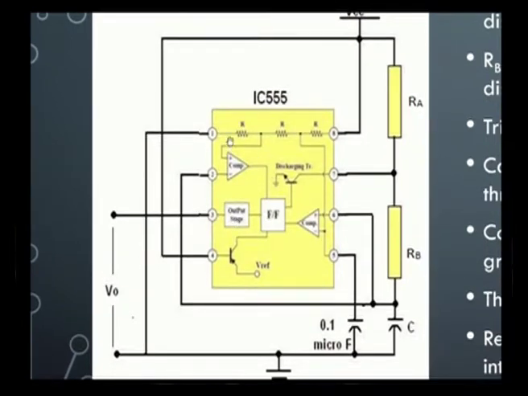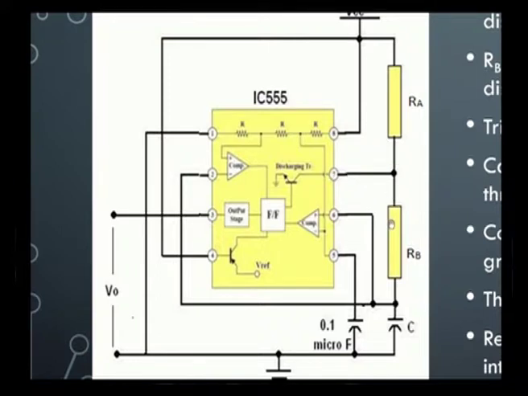Here we can observe that the three resistors of the voltage divider circuit have equal resistance R. We can also observe the threshold comparator and the trigger comparator, and two capacitors, and the resistors RA and RB are externally connected to the IC.